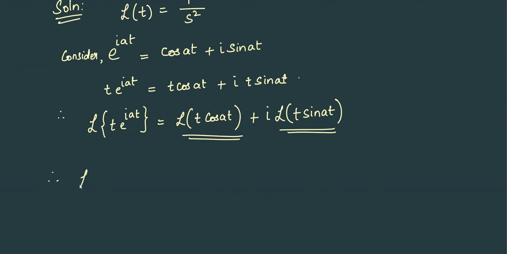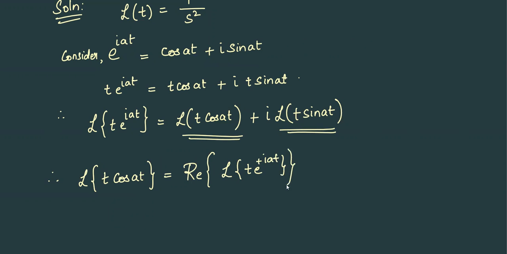Therefore, we get the Laplace transform of t cos at is the real part of the Laplace transform of t e power i a t, and the Laplace transform of t sin at will be the imaginary part of the Laplace transform of t e power i a t.